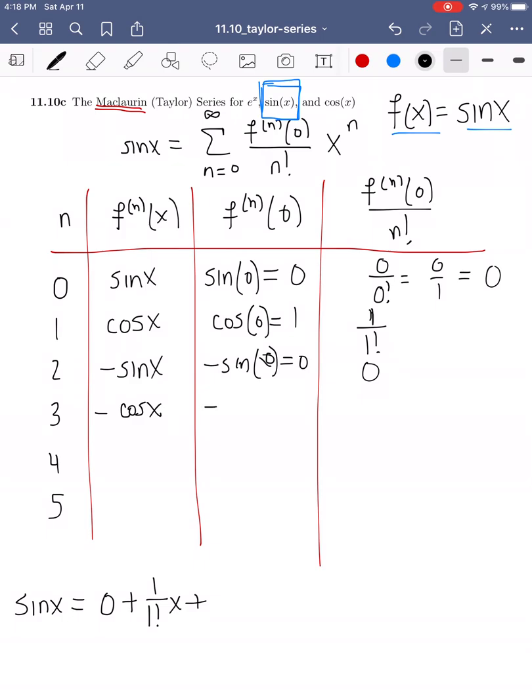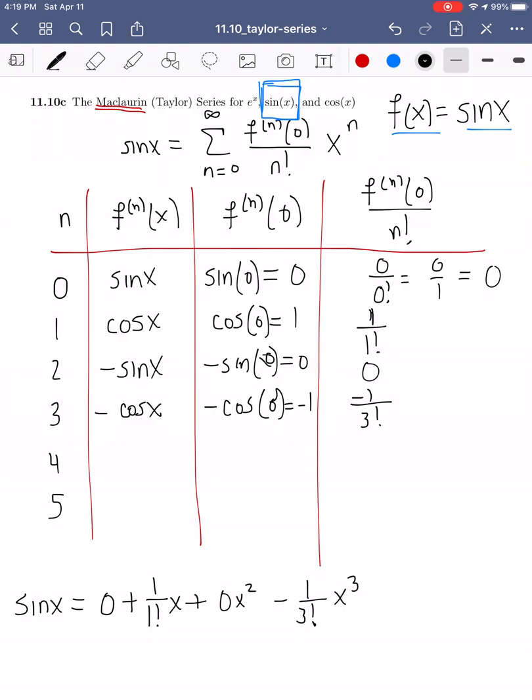And negative cosine of x evaluated at 0 gives us a minus 1. So this coefficient is a minus 1 all over n factorial, where n in this case is 3. So for the next terms, we have a 0 times x squared, and then a minus 1 over 3 factorial times x cubed.